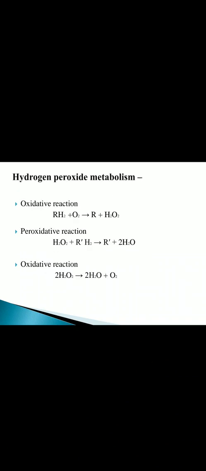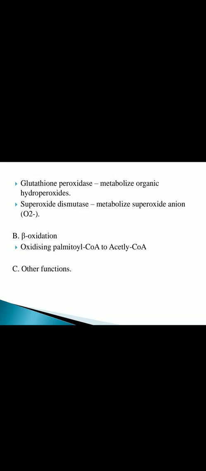Now the another is our beta oxidation. These peroxisomes are also involved in the metabolism of the fatty acids, as the end product of the fatty acid is acetyl-CoA, using molecular oxygen and NAD as electron acceptors.